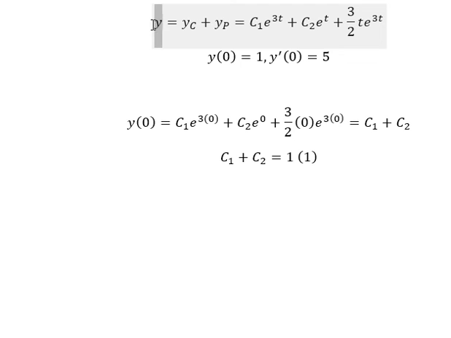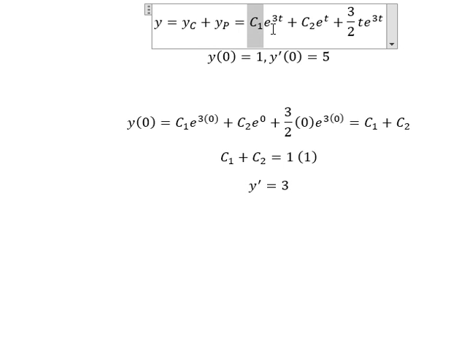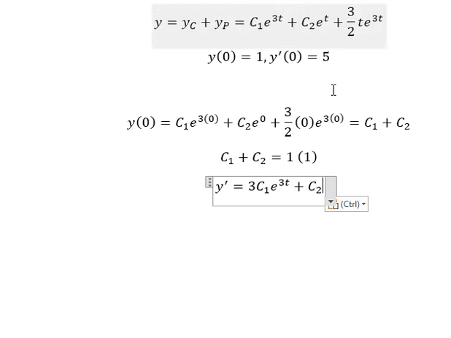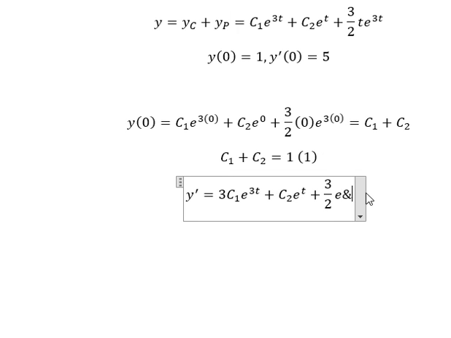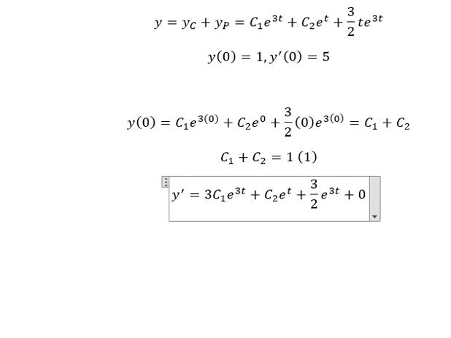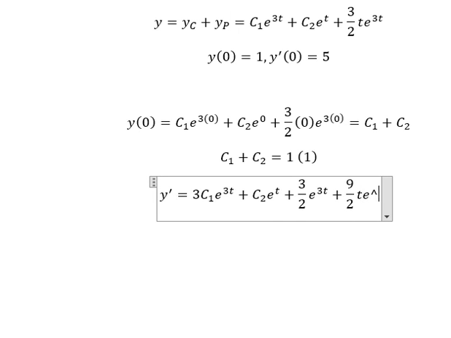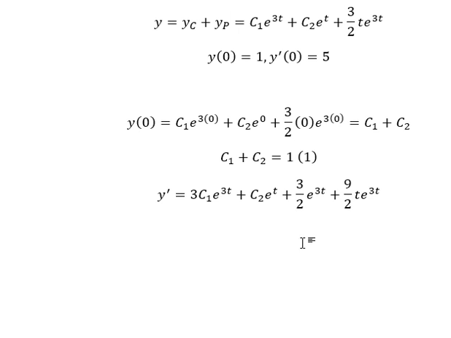Now we need to take the first derivative of y. So we have 3c1 e to the power of 3t, and this one we keep the same. The next one should be like this. Now we need to put 0 going here.